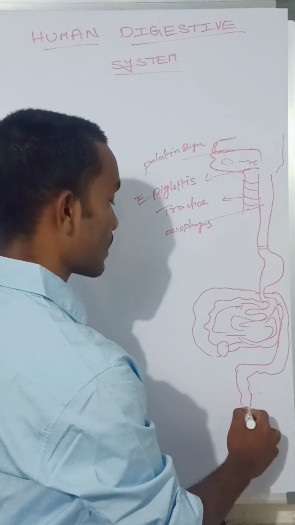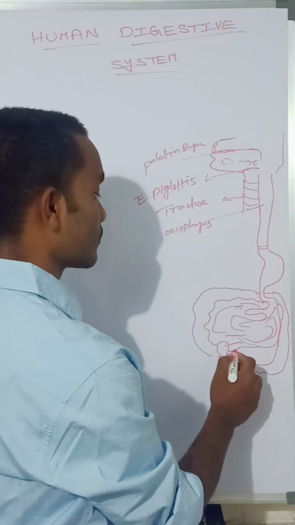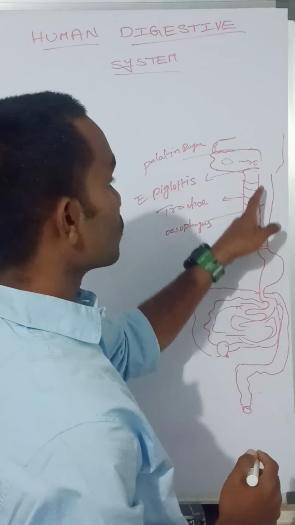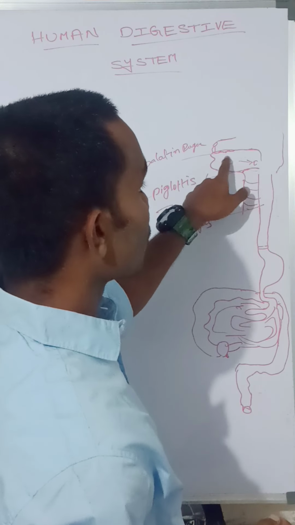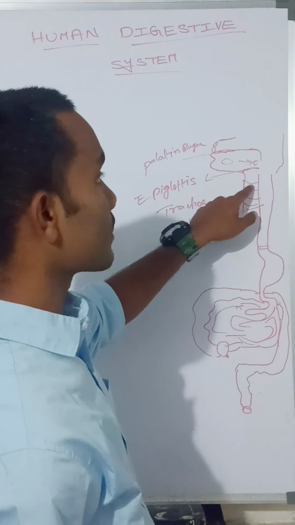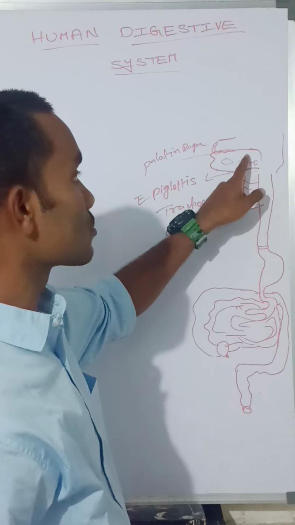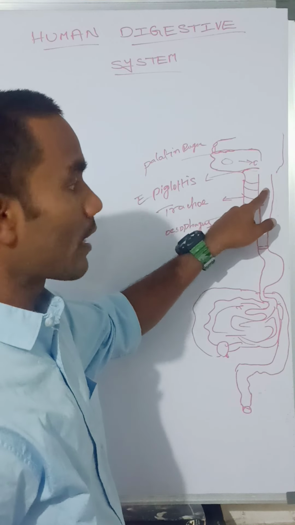Like this. Clear. When the food enters into the pharynx, the epiglottis closes the trachea. By this it prevents the entry of food into the trachea. Then after it is slowly deglutited into the esophagus.